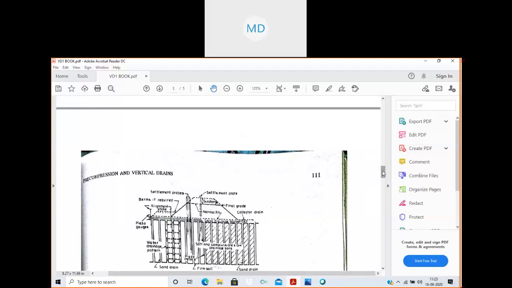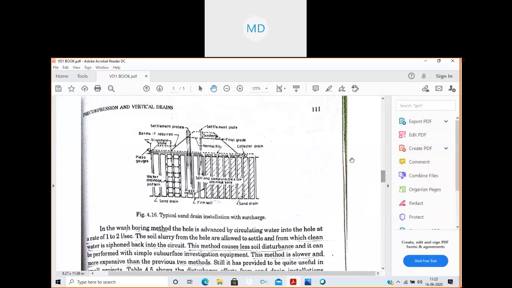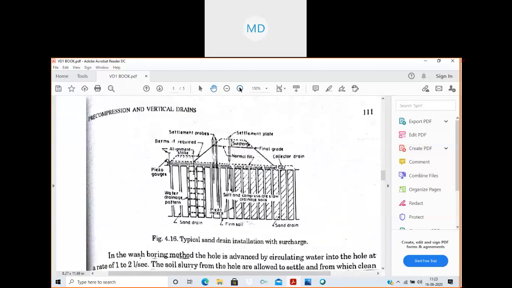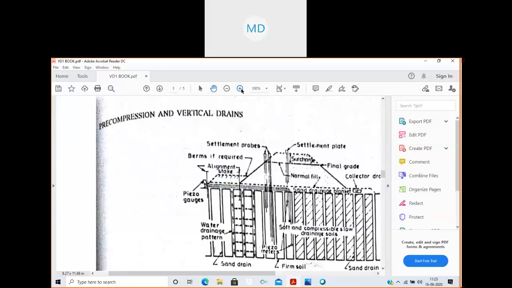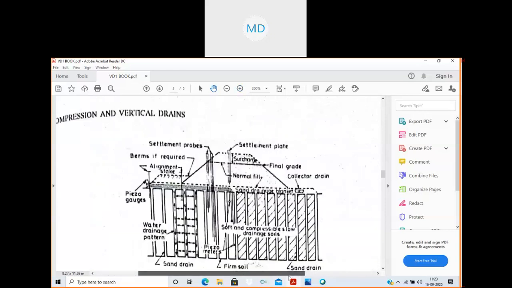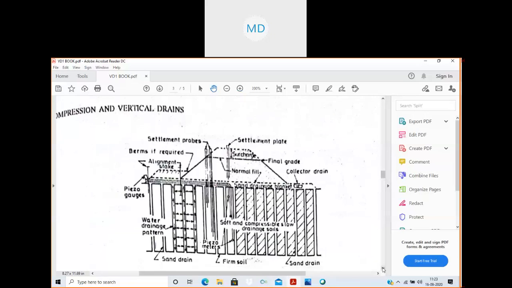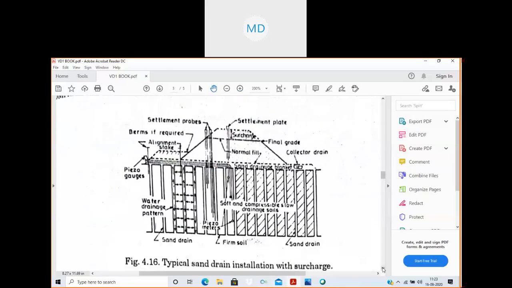You can see in this diagram. Just see here, this is the ground portion, and above this, these dotted lines are shown. It means a sand blanket is laid here. Sand drainage blanket, it's written. See properly, you can see, though the diagram is not very clear.